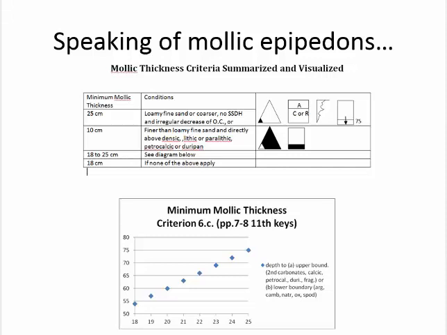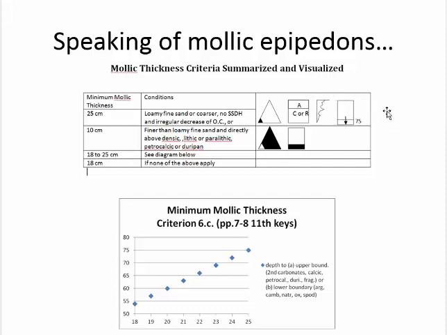Okay, read one of the clauses, such as 6a. It's saying here that the minimum thickness of a mollic is 25 centimeters if, for example, the texture of the epipedon is loamy fine sand or coarser throughout, down here in this little corner of the soil textural triangle, or if there are no underlying diagnostic horizons and the organic carbon content of the underlying material decreases irregularly with increasing depth.